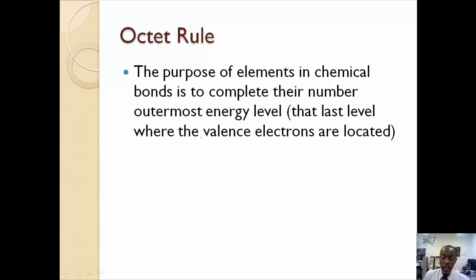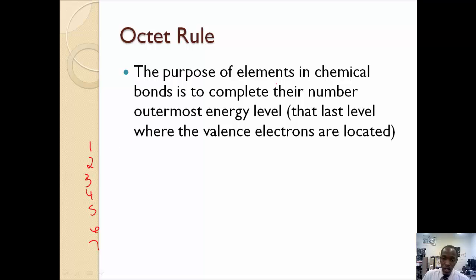So the purpose of elements in chemical bonds is to complete their outermost energy level. So remember how our periods had 1, 2, 3, 4, 5, 6, 7. They let us know the number of energy levels we have. Whatever that number is, you want that layer to be complete. So if you're talking about period 2, which has 2 energy levels, you want that second energy level to be complete.